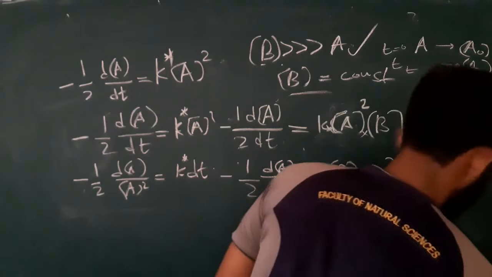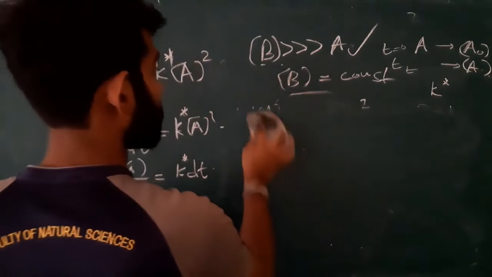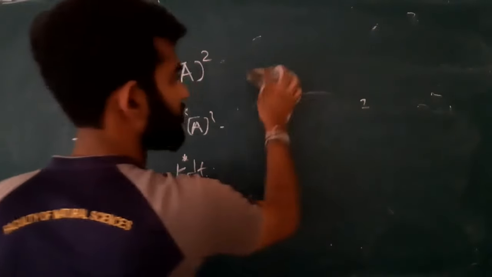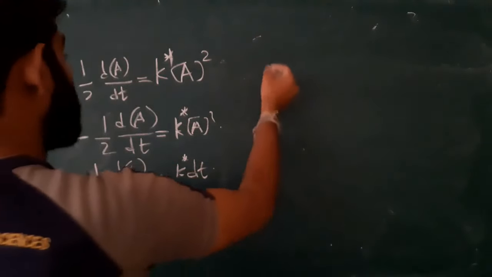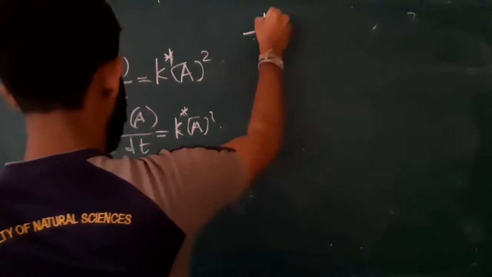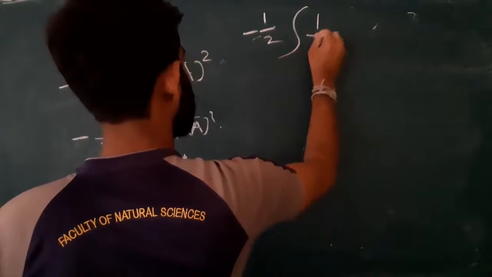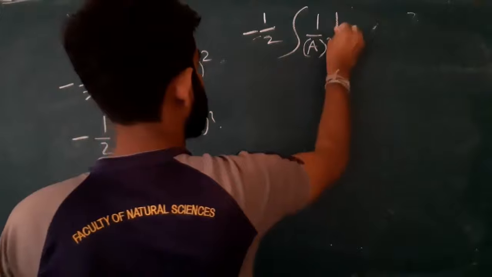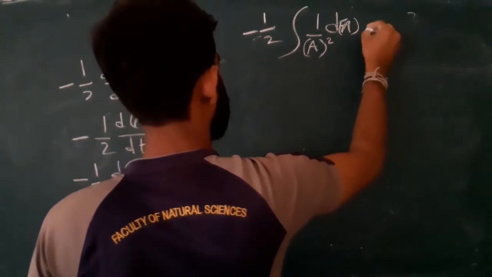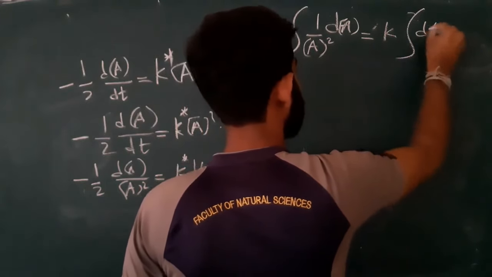Okay, I will erase other parts. Here minus half, I will put an integral mark, integrate 1 over A squared dA equals k star dt, with limits 0 to t.